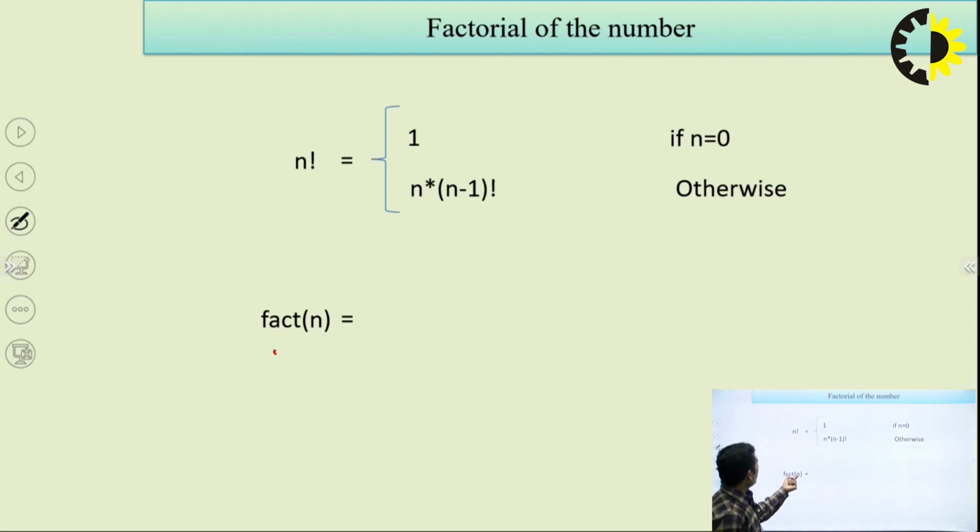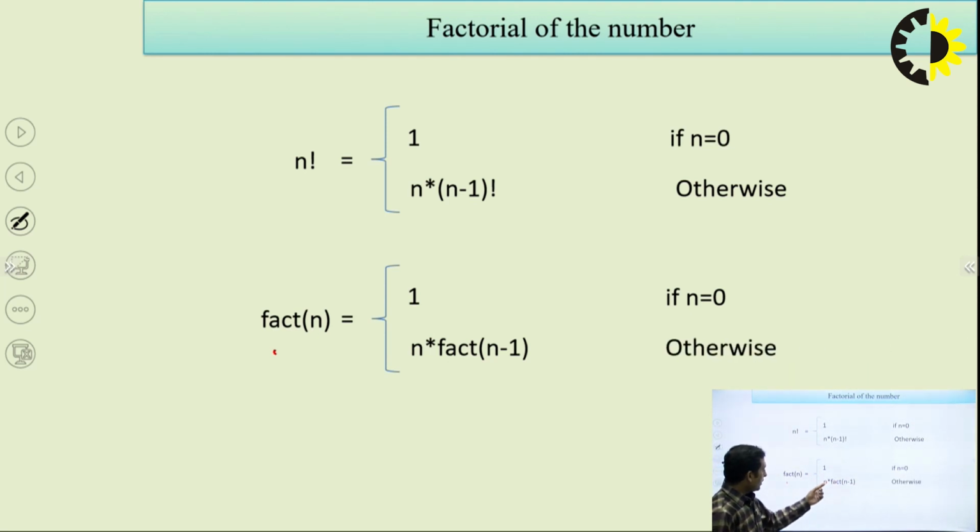So, we are using the function in simple form. This is the base condition: n equals 0, then the value of factorial is 1, and otherwise the factorial of n is n into factorial of n minus 1, means the subproblem statement.